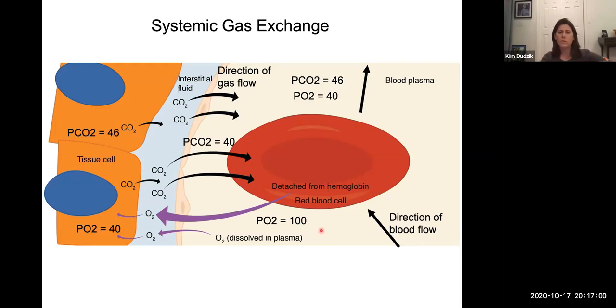And so to keep the partial pressure a little lower so that we can pack the blood with as much oxygen as possible, what we do is we store oxygen inside of the red blood cell. By pulling oxygen out of the plasma into the red blood cell, that keeps the partial pressure lower in the plasma. What it means is we can actually carry more oxygen before the partial pressure increases too quickly.